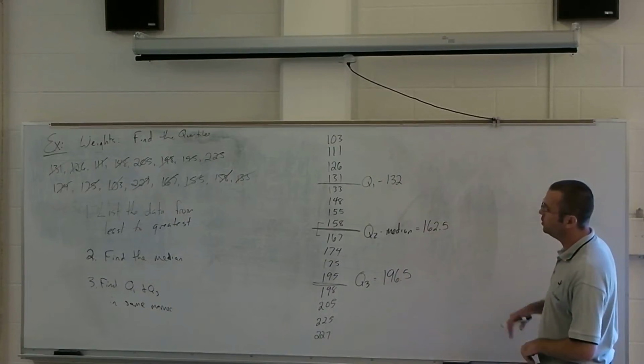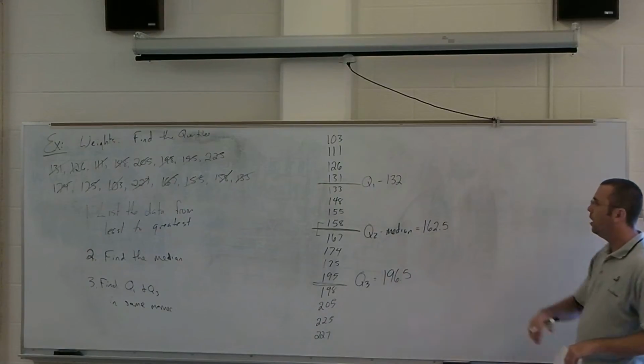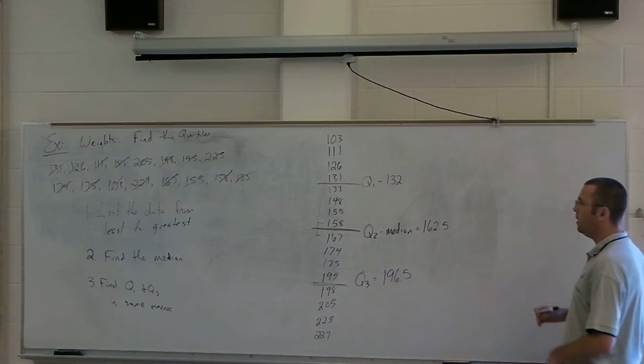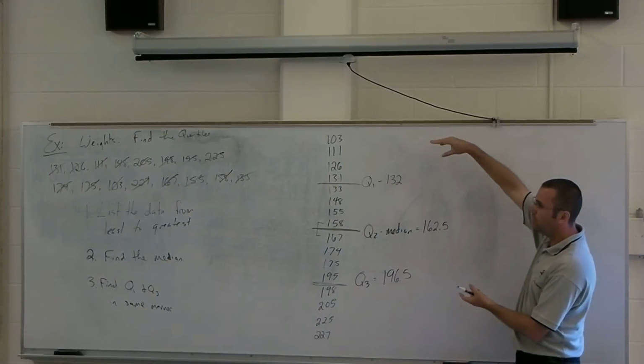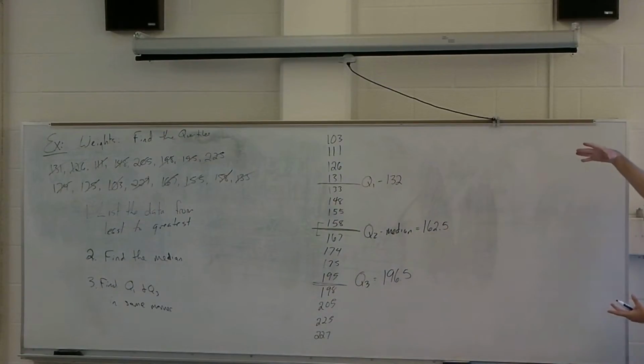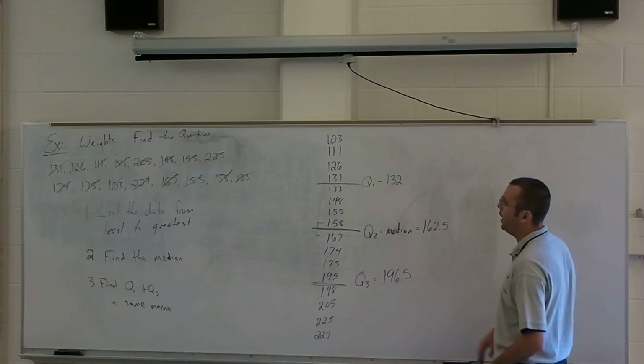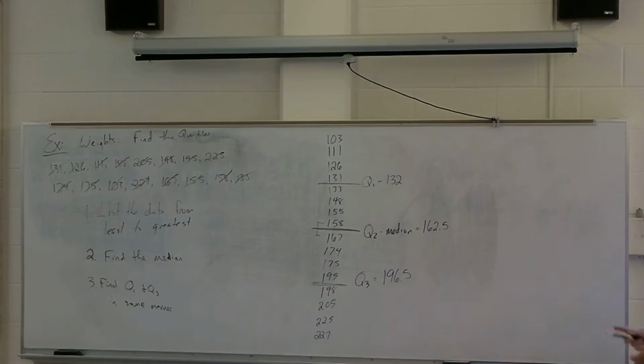Now, if I was to ask you to give me a description of how this data is spread out, remember, when we're given a collection of data, one of the things we like to do is talk about the shape of the data. Can we identify what the shape of this data looks like from this information that we have right here? Well, it turns out that we can, and we can do it in a meaningful way.